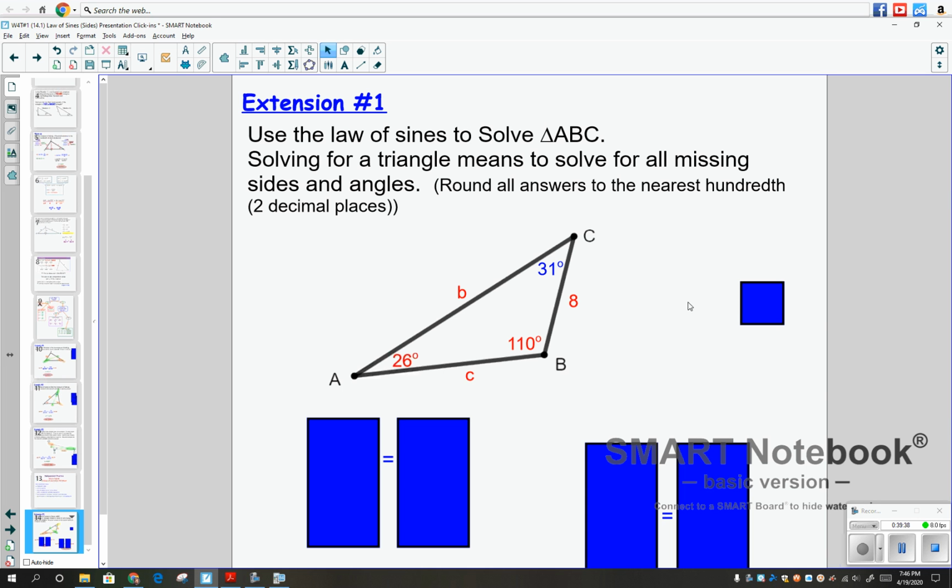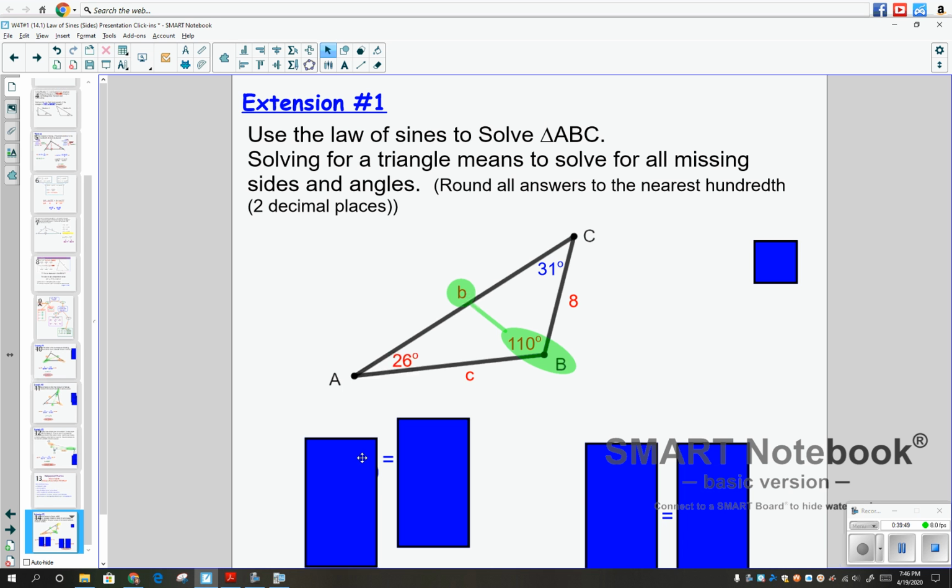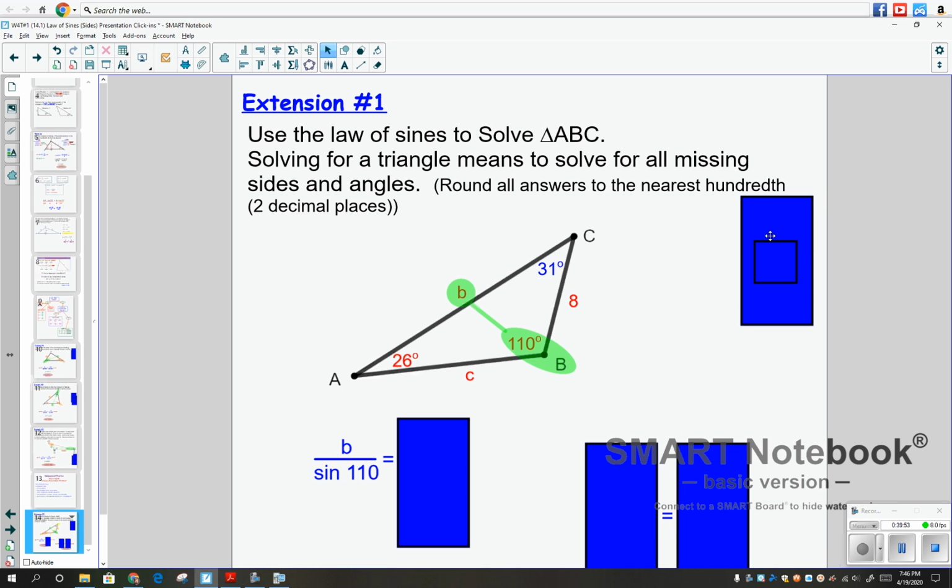Well, then I've got to come up with some opposite pairs. Let's find side B first. So my 1 ratio is going to be what? B over sine of what angle? Sine of 110. My other ratio then has to involve one or the other opposite pairs. Can I use C and sine of 31?